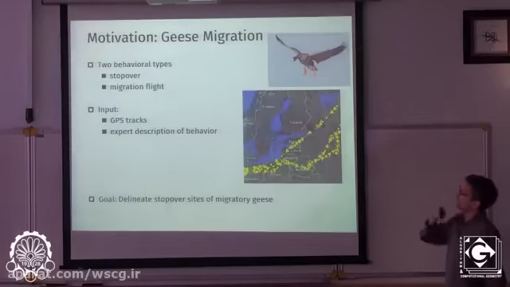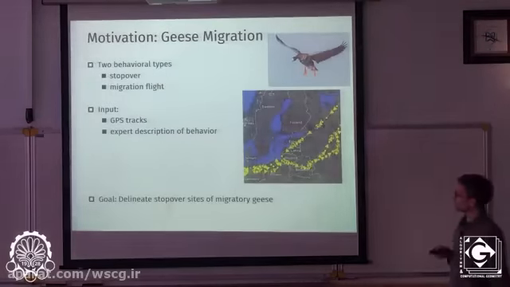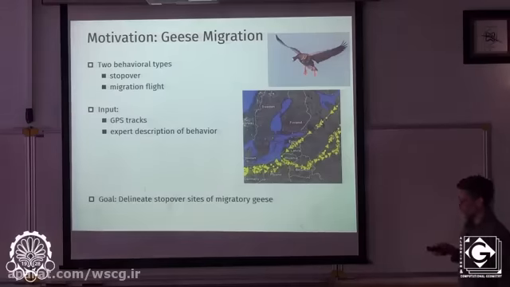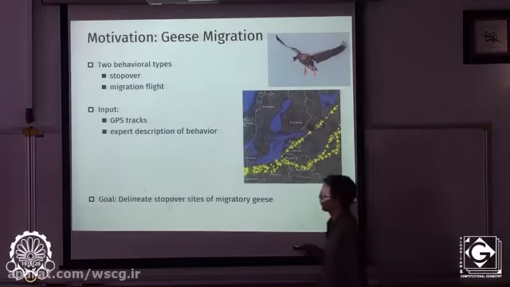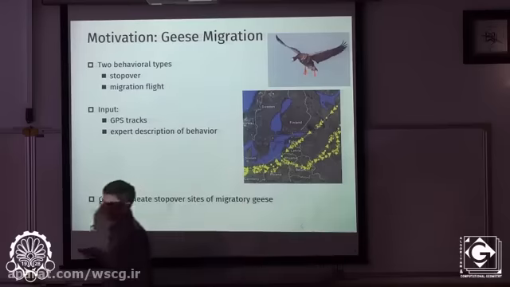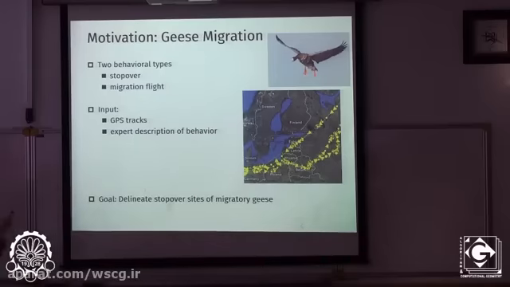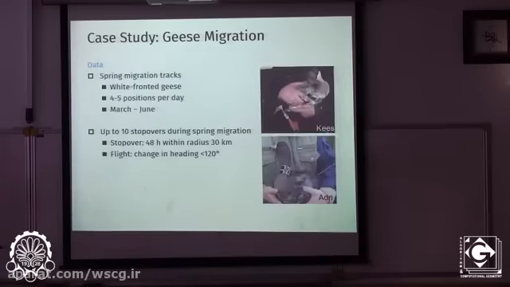So much about decreasing monotone criteria, but let's go back to this goose example. We have these two behaviors, stopover and migration flight, and let me show you a little more about the data set. This is about spring migration.